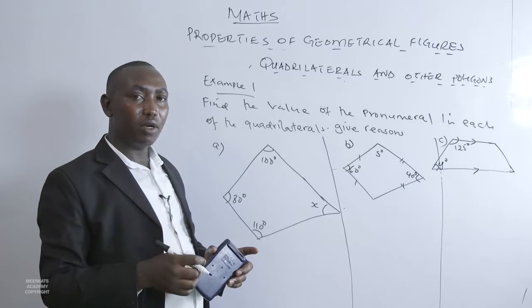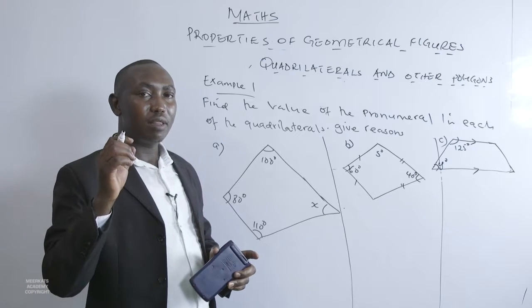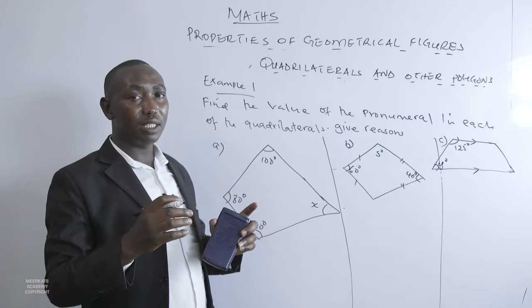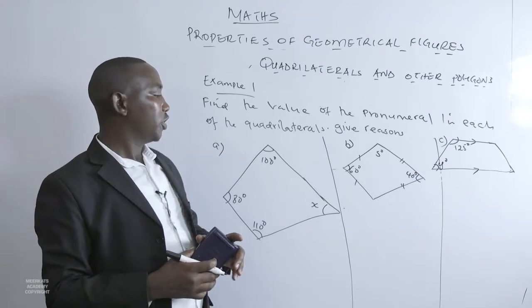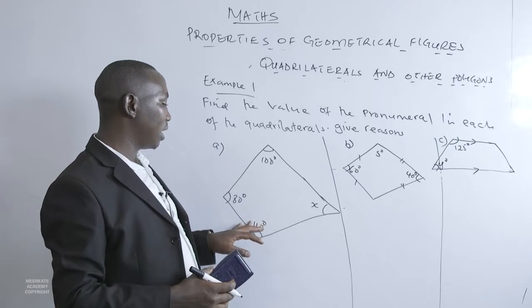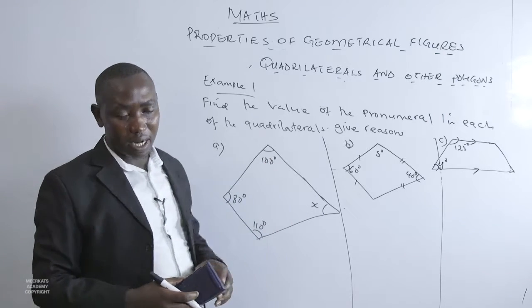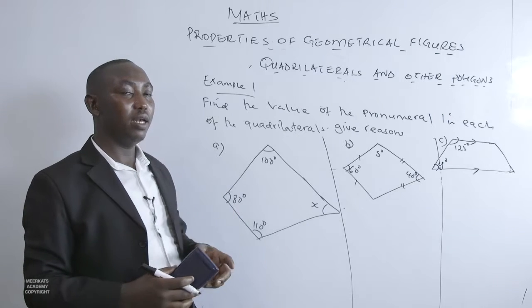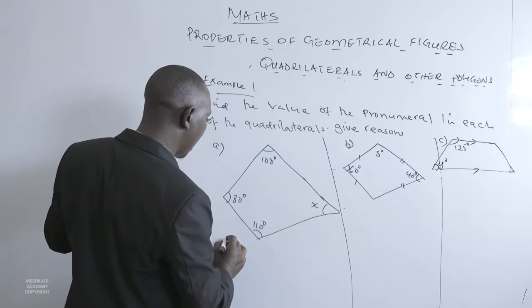We said quadrilaterals have got a sum of 360 degrees internally. So when you take 80 plus 110 plus X plus 100, it should give you 360 degrees.